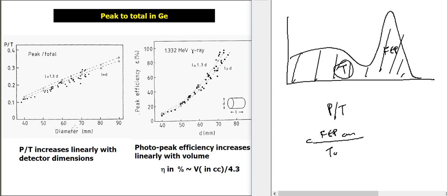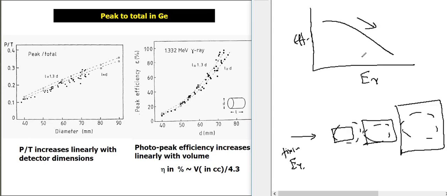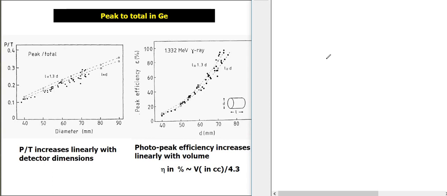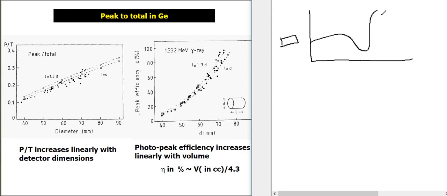Why? Because if I keep on increasing the diameter, the same thing will happen. The detector interaction region, the volume, will be contained inside this larger detector. As a result, more and more peak counts will be absorbed. Let me show you interestingly. Suppose I have got a smaller detector, and from there we are seeing something like this.